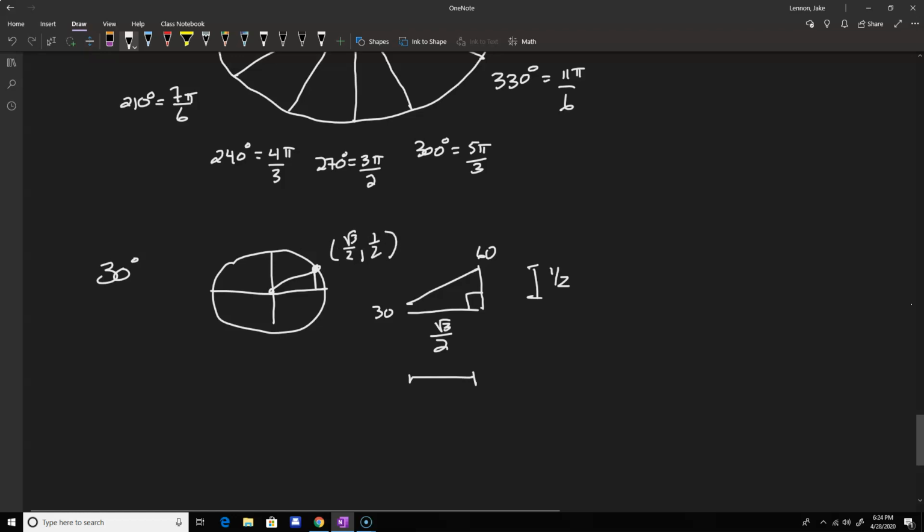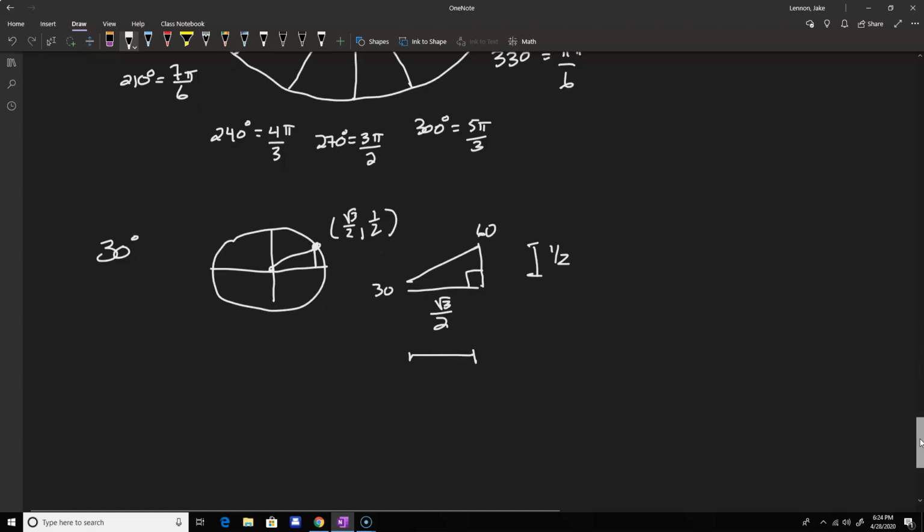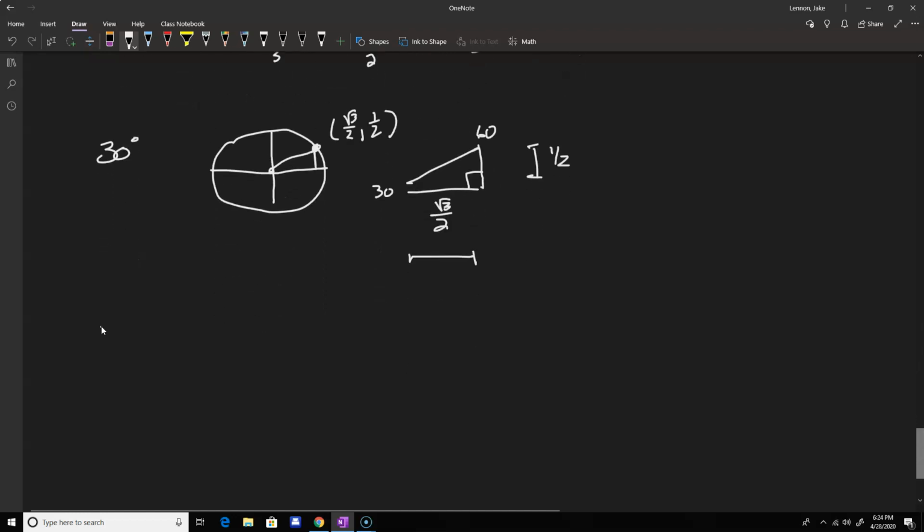And when you do it for 60 degrees, the y-coordinate is going to be the bigger of the two. So when we have the 60 degree angle, and you look at the unit circle again, we're going to be up here. So when you drop the perpendicular to create your 30, 60, 90 triangle now, it looks more like this.